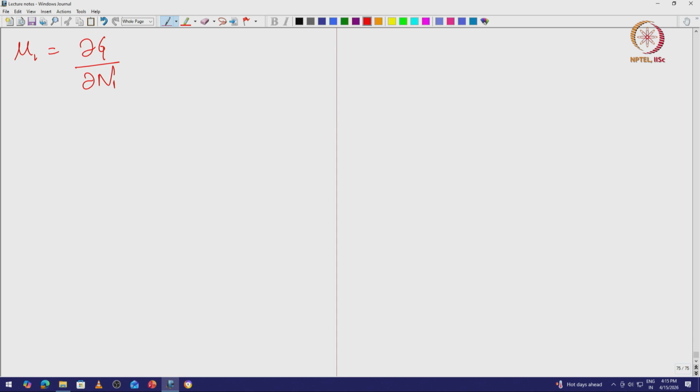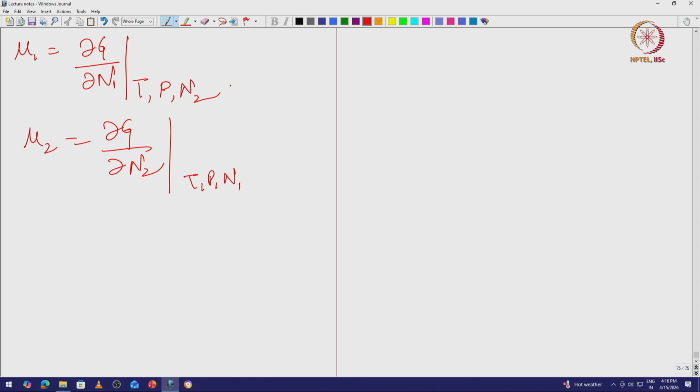So this is sort of analogous to how internal energy changes by adding an extra atom, but this is done at a constant temperature, at a constant pressure, and I should only add N1, right? I cannot change both N1 and N2 simultaneously. I should only add N1 or I should only add N2, right? So mu2 will then be dou G by dou N2, right. This is the other way of understanding mu1, right.